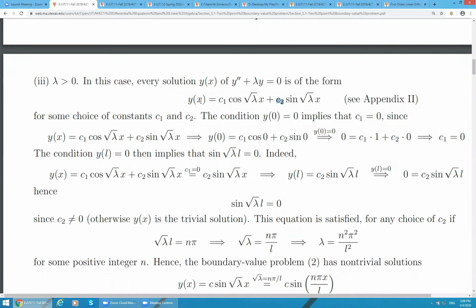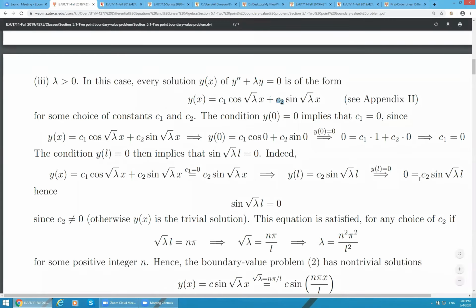But we care about non-trivial solutions. Since C2 is not equal to 0, we can divide both sides here by C2. 0 over C2 is 0. C2 times sine divided by C2 is just sine.